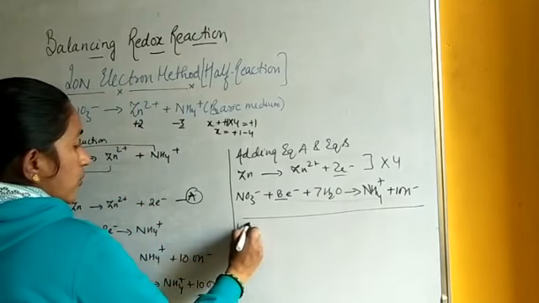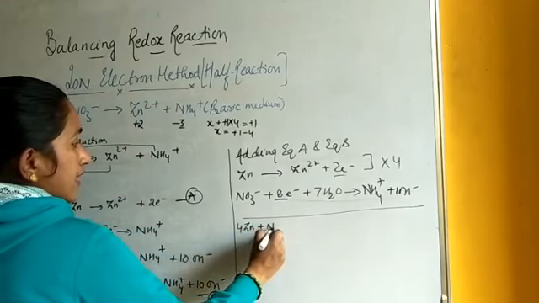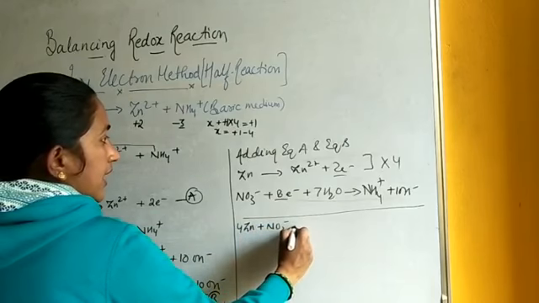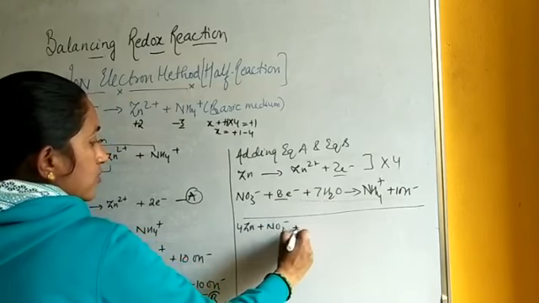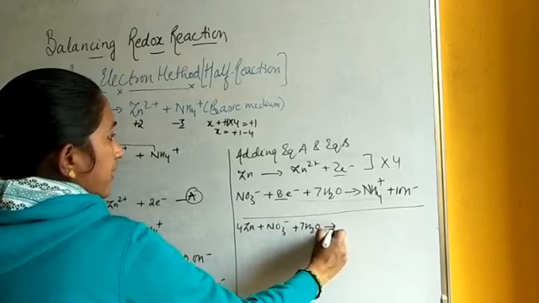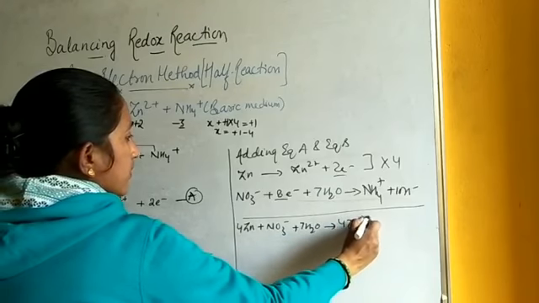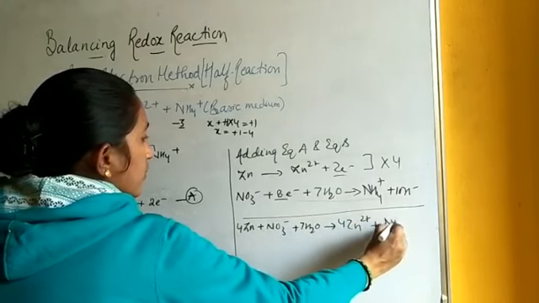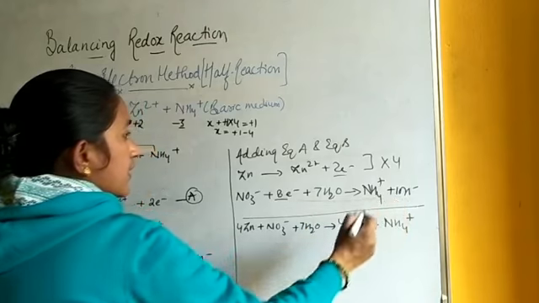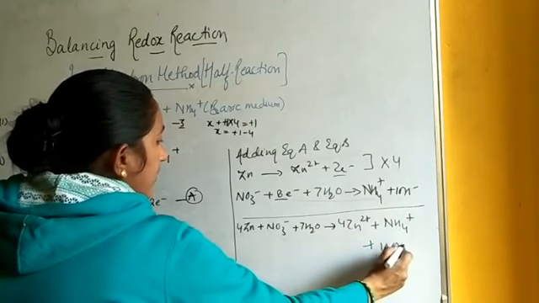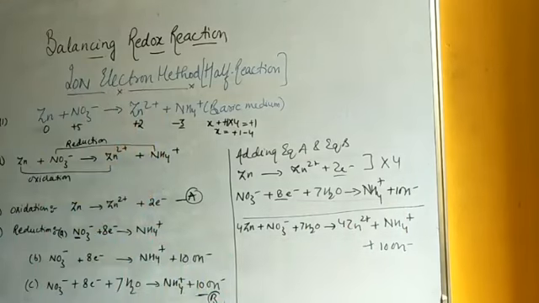So we will get here 4Zn plus NO3 negative plus 7H2O gives 4Zn2 positive plus NH4 positive, and 10 OH negative, right?